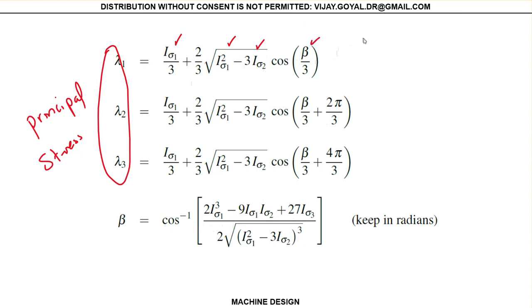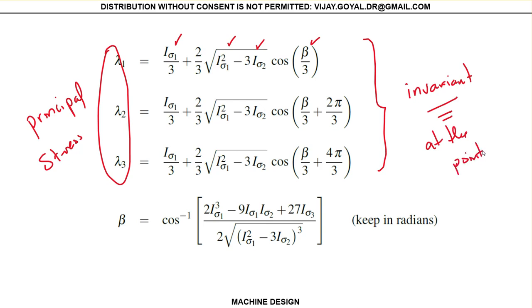So then you can say my principal stresses are also invariant. Very good. They are a function of the invariants at the point. Okay? The characteristics of the point. They tell me what happens to that point.